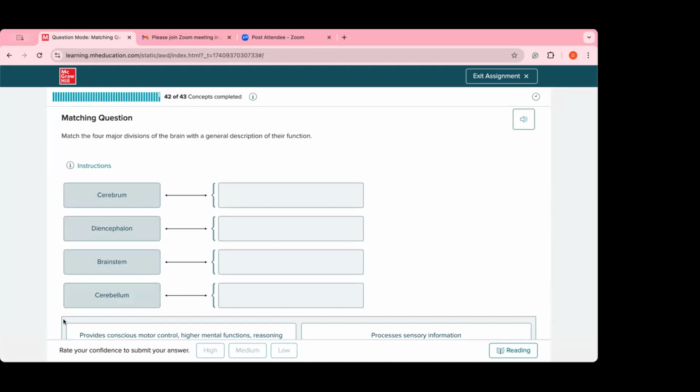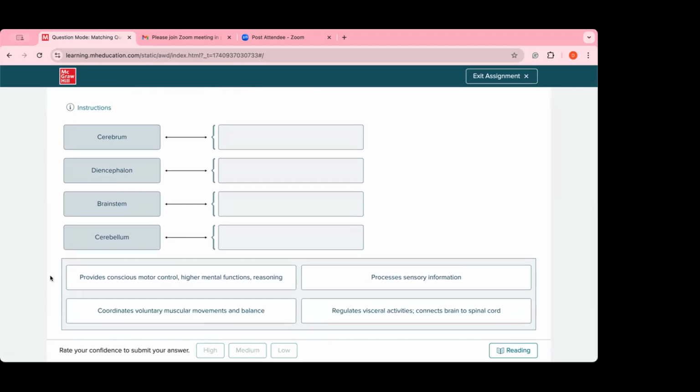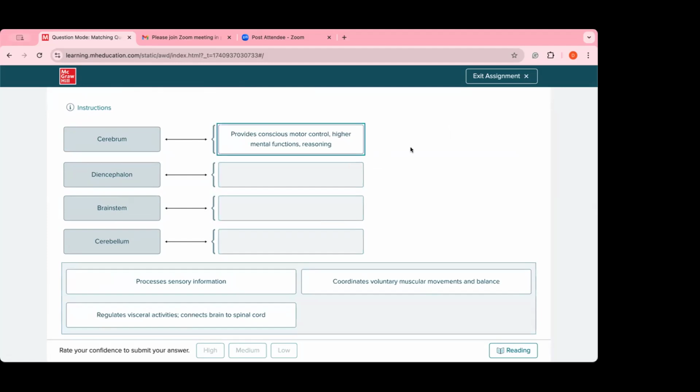Now we have to match the functions, okay? Provides conscious motor control, higher mental functions and reasoning. That's the cerebrum. That's the first one on top. The cerebrum. Processes sensory information is the diencephalon.